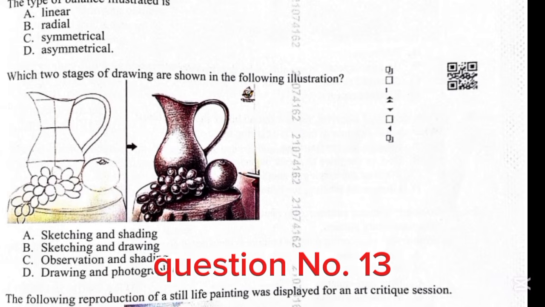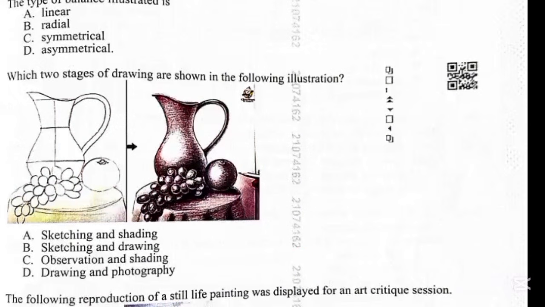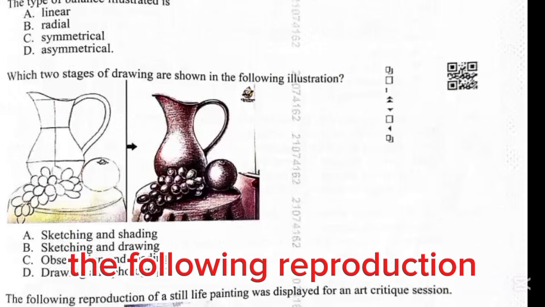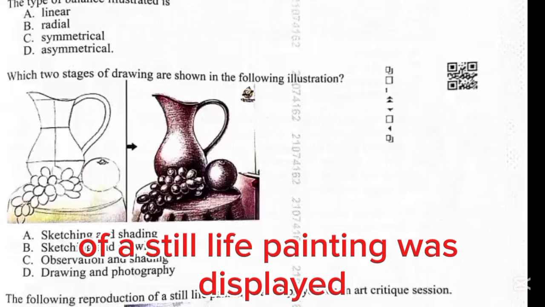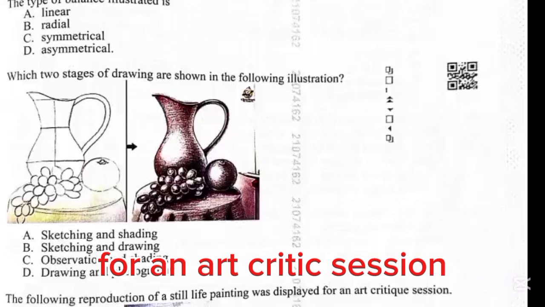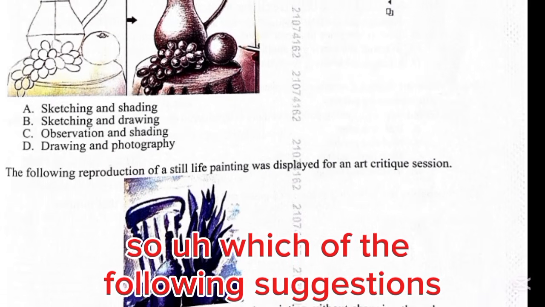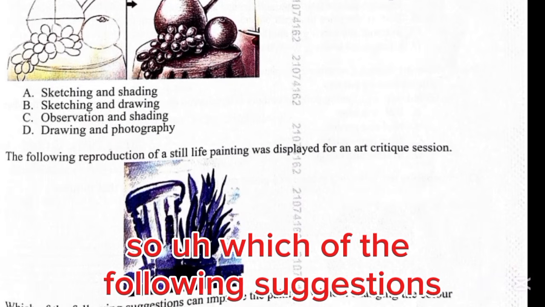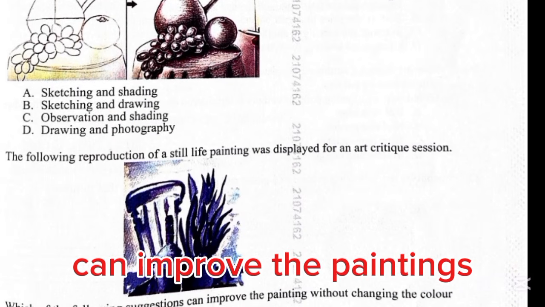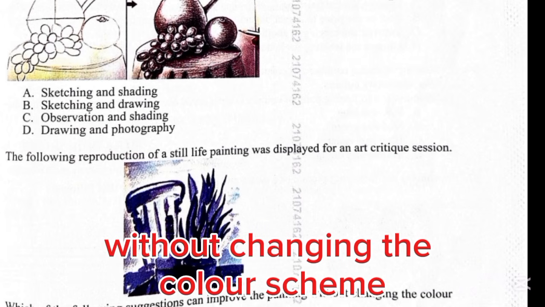Question number 33. The following reproduction of a still life painting was displayed for an art critic session. Which of the following suggestions can improve the painting without changing the color scheme?